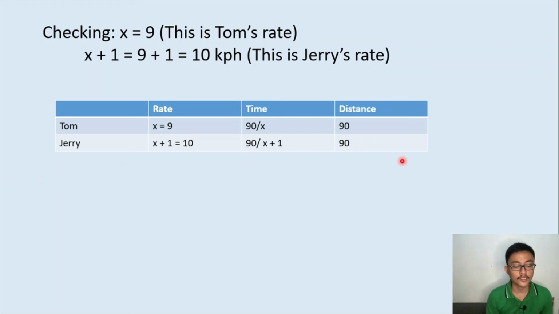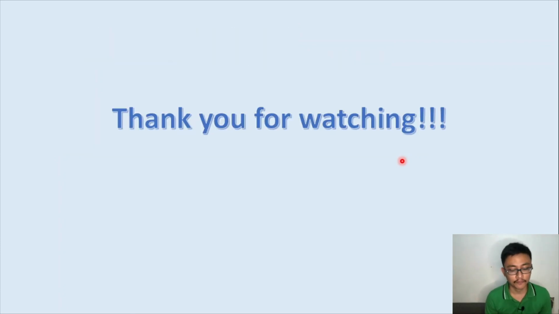Then we try to solve the problem using the concepts na nagamit natin sa quadratic equation. And always disregard the negative answers whenever we're dealing with distance or age problems. Okay?